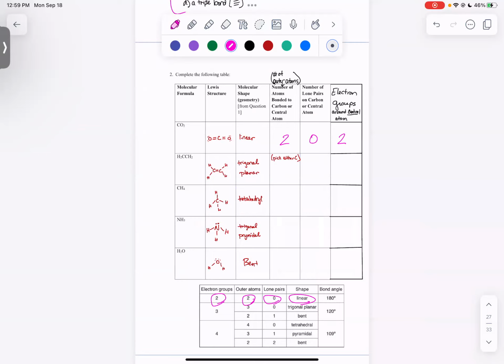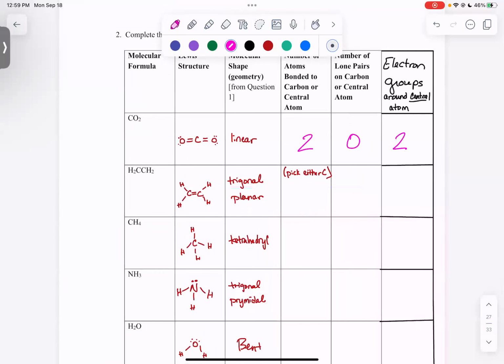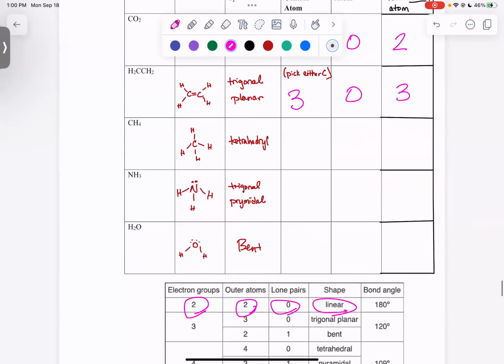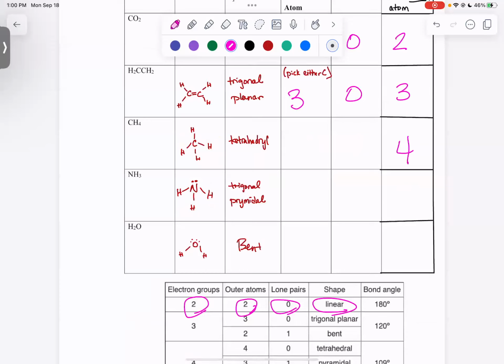So if you look at H2CCH2, you have 3 electron groups, right? You have 3 bonded outer atoms and no lone pairs. And you can pick either carbon, it doesn't matter. You get the same result. Tetrahedral, you're going to get 4, but the same thing is true about trigonal pyramidal and about bent.